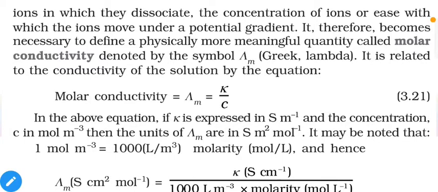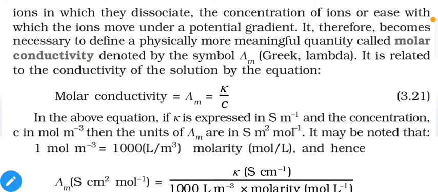So different electrolytes give different amounts of ions. That is our first problem. The second problem is that the same electrolyte gives a different percentage of dissociation at different concentrations. Usually higher concentration gives lower percentage of dissociation, and at lower concentration the dissociation percentage increases.